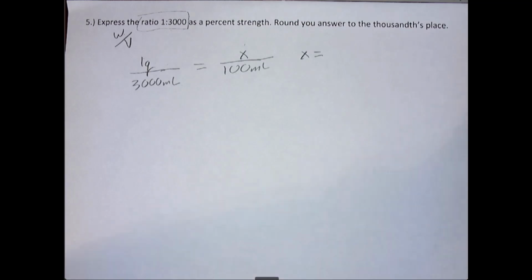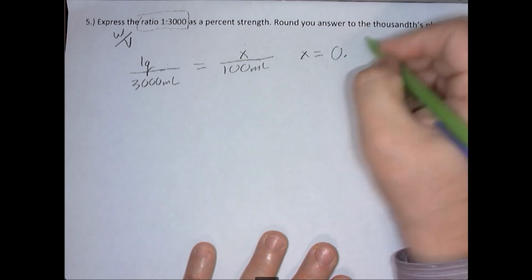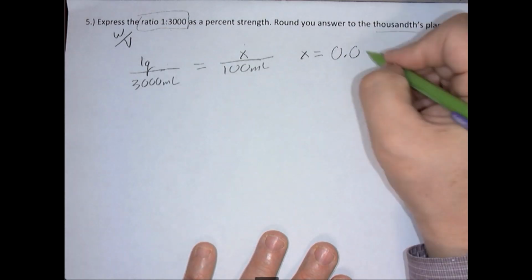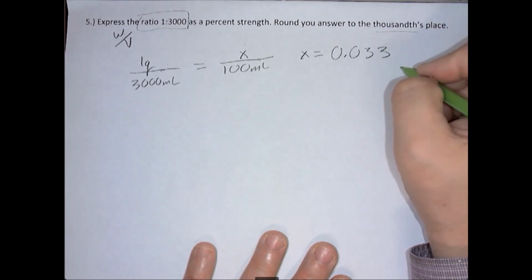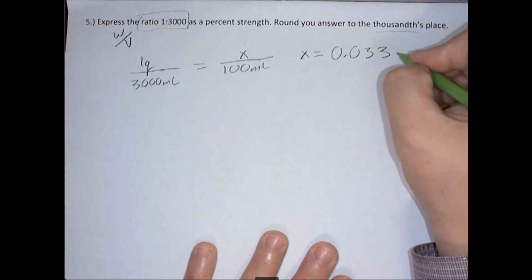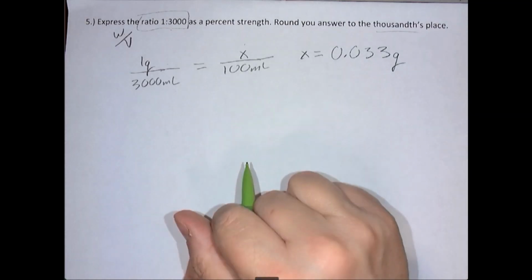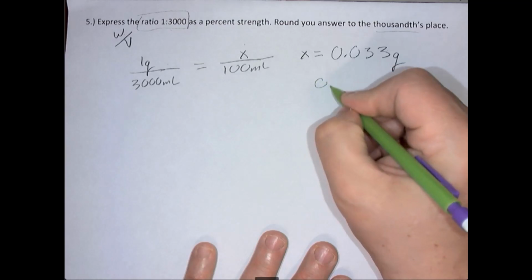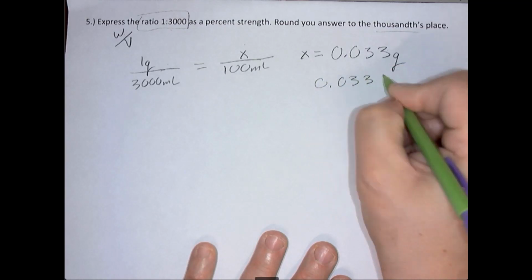We should get, it says round to the thousandths place, 0.033. And this is going to be grams per 100 milliliters. But because this is per 100 milliliters, this is what the percentage is. We'll put a percent symbol there.